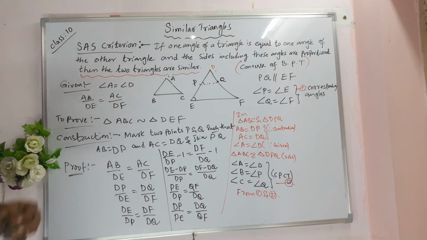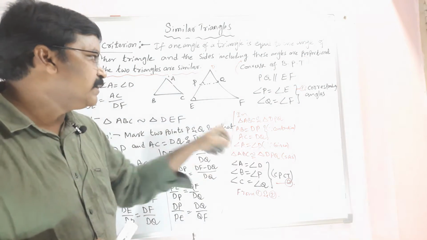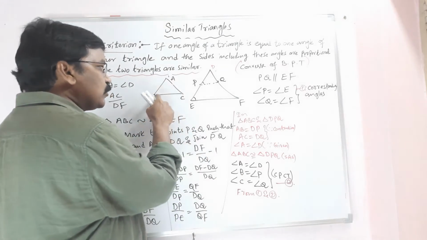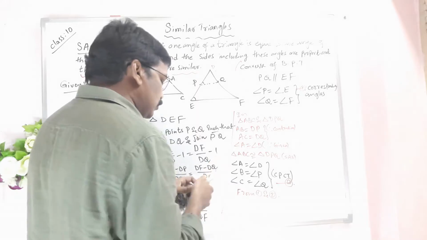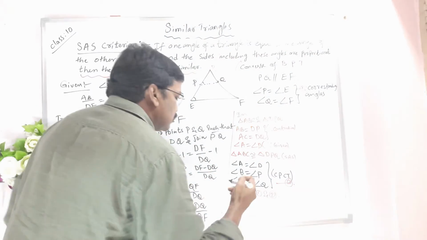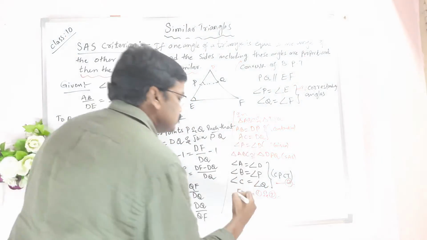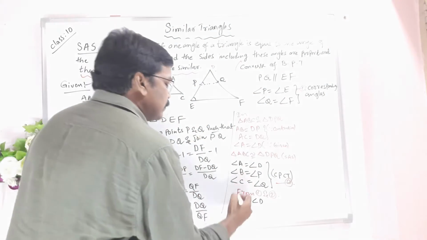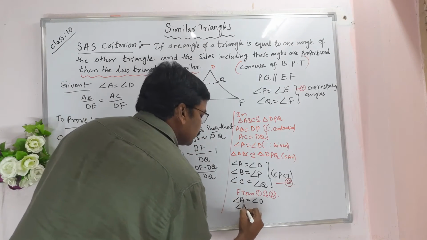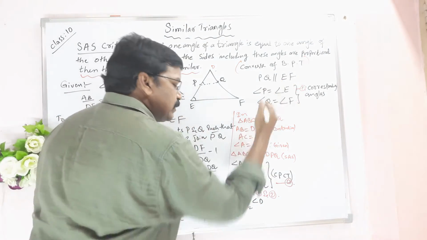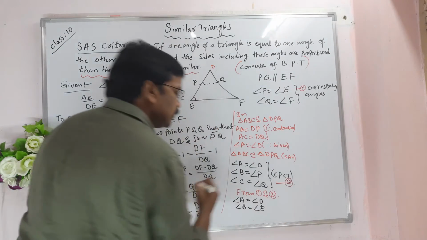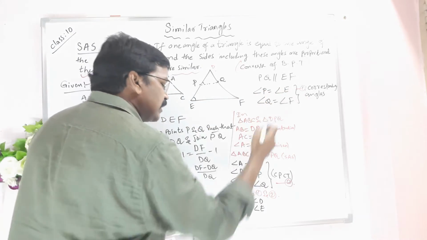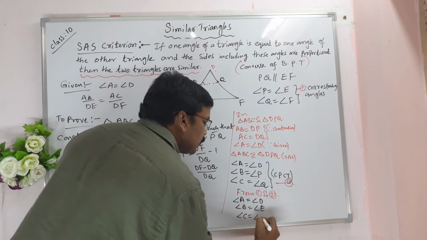Angle A is equal to angle D. Angle B is equal to angle P, but this angle P is equal to angle E. Next, angle C is equal to angle Q, but this angle Q is equal to angle F. That means angle C is equal to angle F.